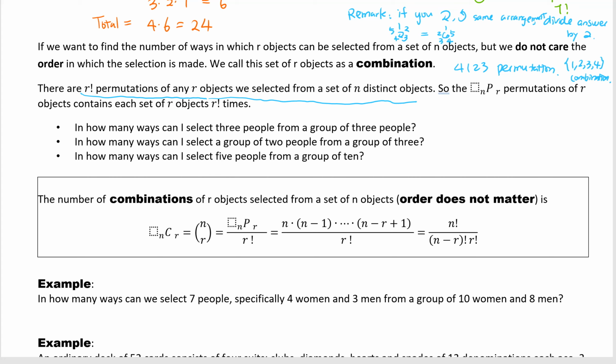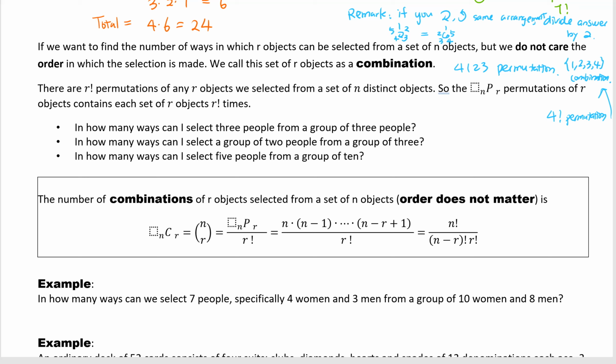If we don't care about the order, then R factorial permutations represent the same arrangement. The permutations of R objects contain each set of R objects R factorial times, such as the set of elements 1, 2, 3, 4, where we have 4 factorial permutations representing the same combination.